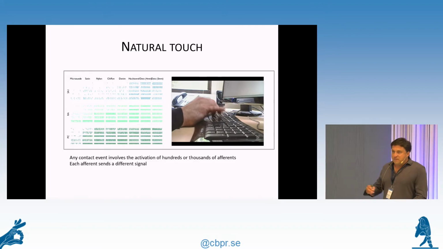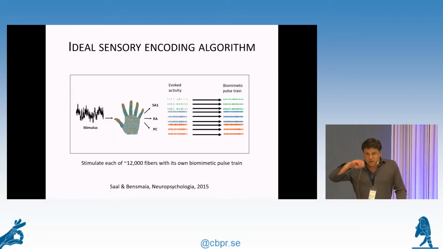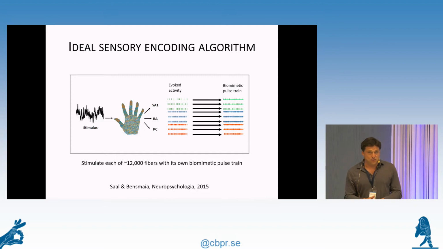So you have this big distributed pattern of activation, and if you wanted to restore touch in all its glory, just recreate touch exactly, what you would need to do is, first of all, given a pattern of contact with an object, know how each of the nerve fibers in the hand would respond to it, and then you would need to be able to stimulate each of these 17,000 nerve fibers to make them do that.